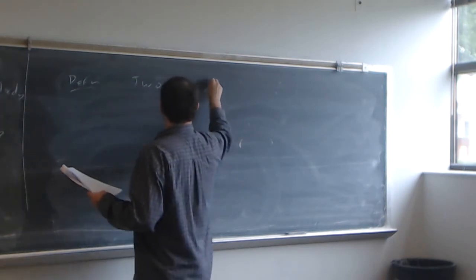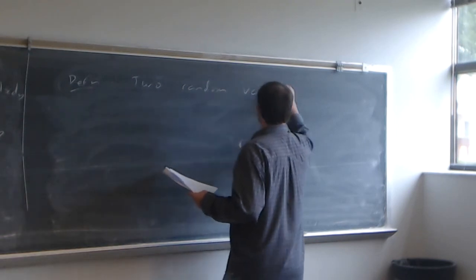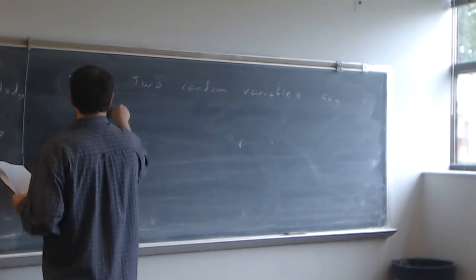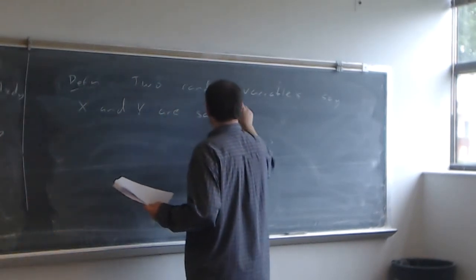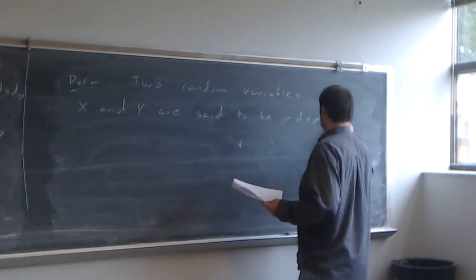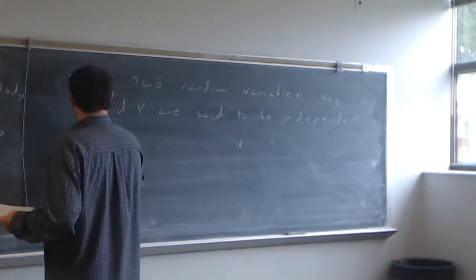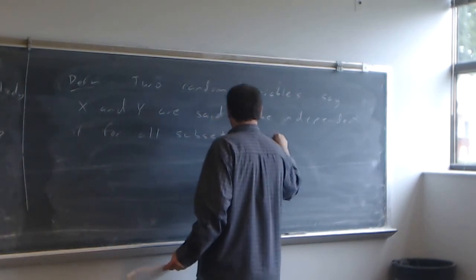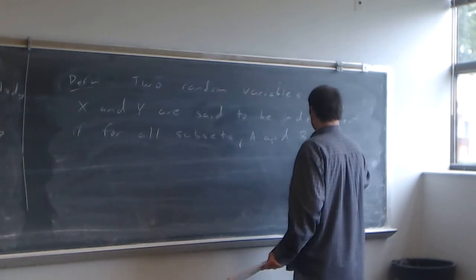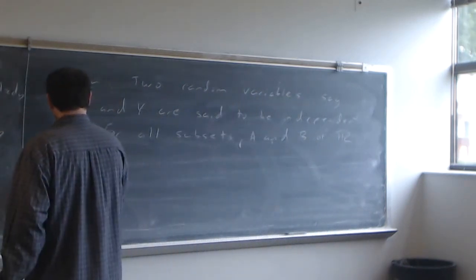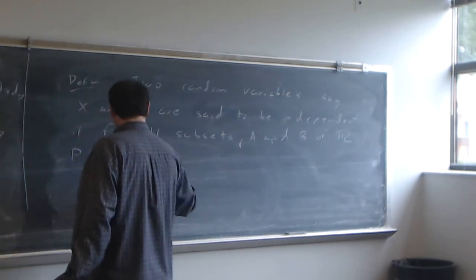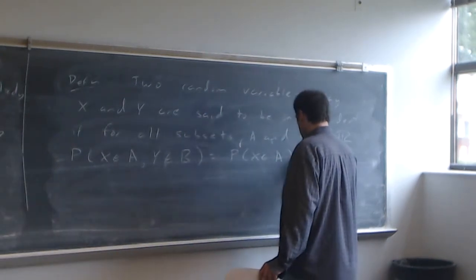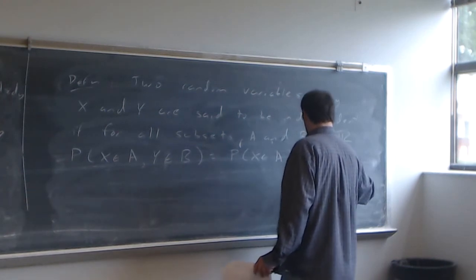Two random variables, say x and y, are said to be independent if for all subsets A and B of R, the probability that X is an element of A and Y is an element of B is equal to the probability that x is an element of A times the probability that y is an element of B.